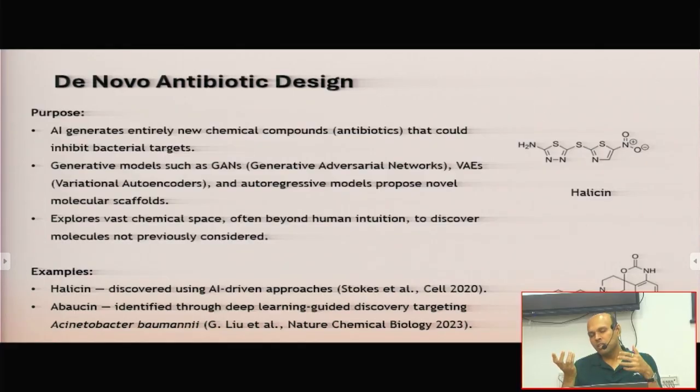When the discovery of quinolones happened, people were working on chloroquine, which is a malarial drug, and quinolone was a byproduct of that process. Then they discovered that you can use quinolones as antibiotics for bacterial infections.